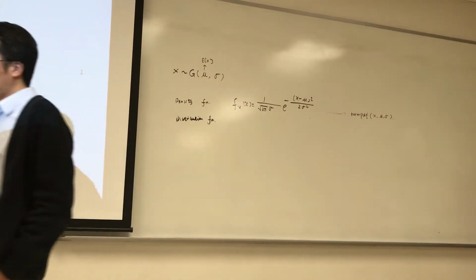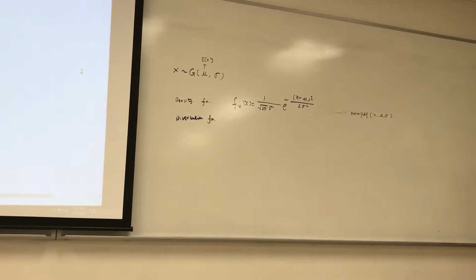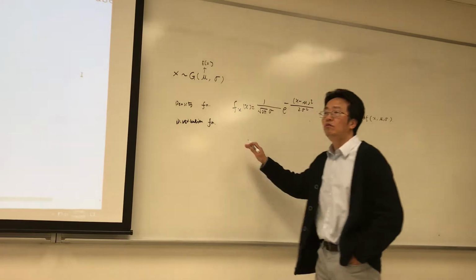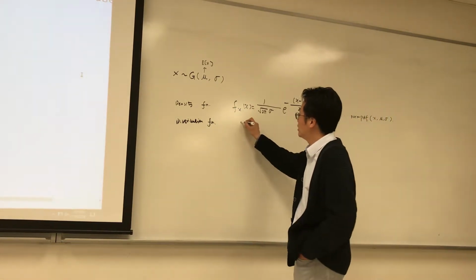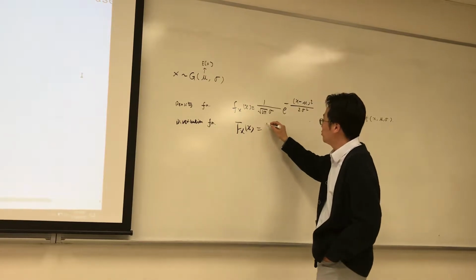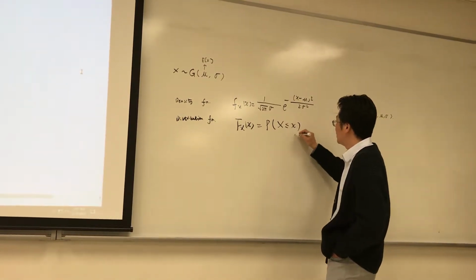Unfortunately, the distribution function for Gaussian does not have a closed form, which means we still have to use the integral for this. In other words, F_X here is the probability of being less than or equal to a specific realization.